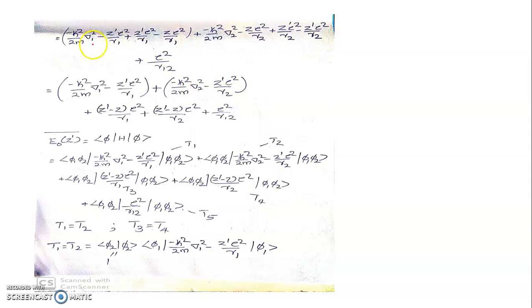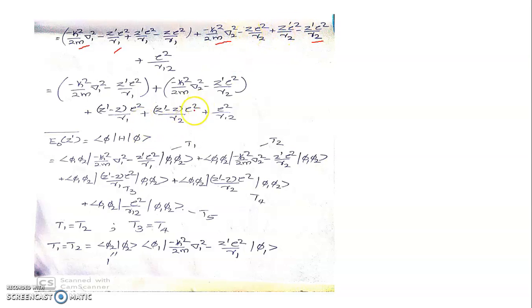And upon writing this, I have taken this term and this term. Then I will have to account for these two terms. e square by R1 is common to both of these terms. Taking e square by R1 out, what remains is Z prime minus Z. Similarly, I combine the other two terms: e square by R2 into Z prime minus Z. Once again, one is a positive term and the other is negative.